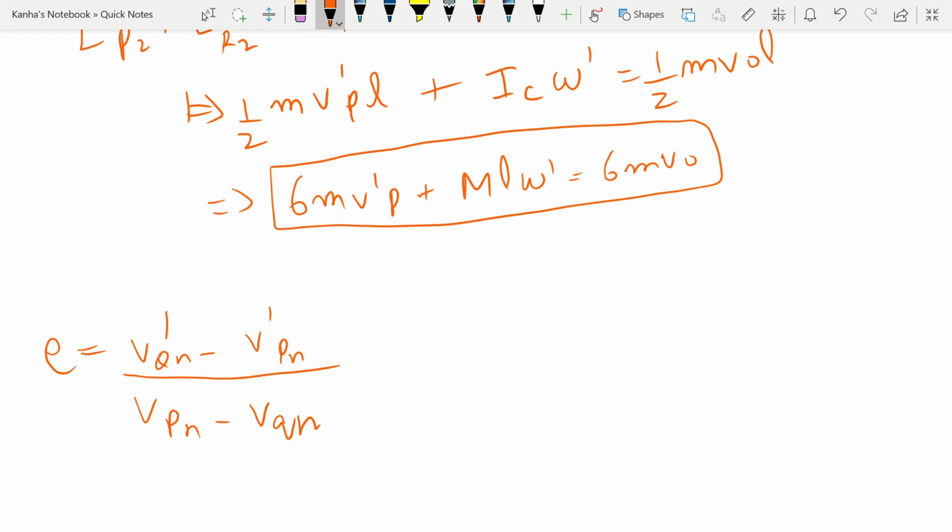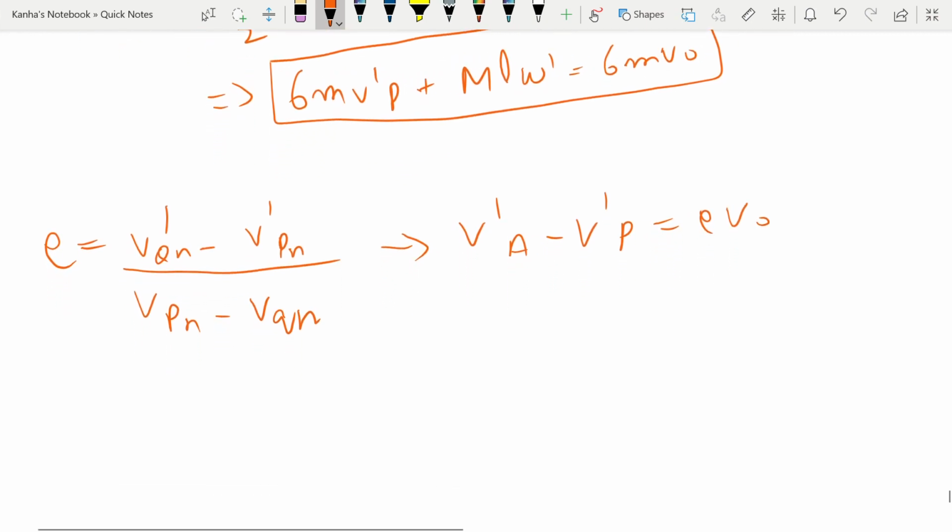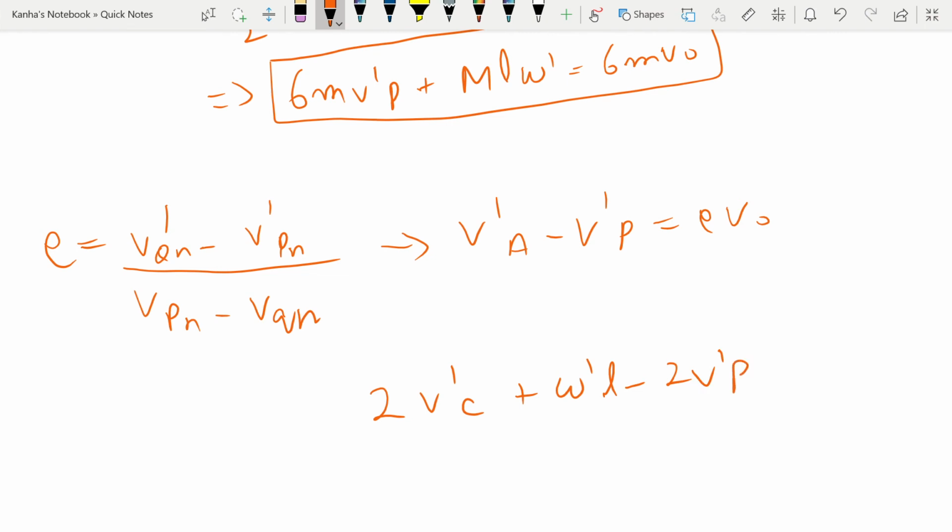Okay, and what is this equal to? That implies v prime A minus v prime p is nothing but e times v naught. Now if I just substitute the expression for v prime A from before, I can write this as 2 v prime c plus omega prime L minus 2 v prime p is equal to 2 e v naught.